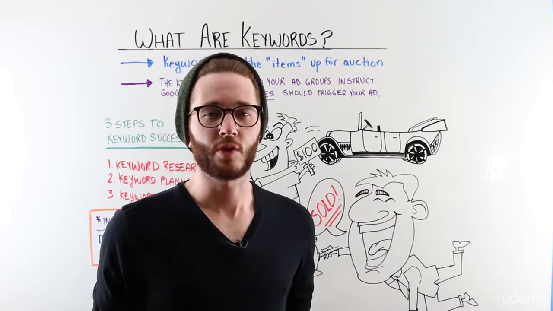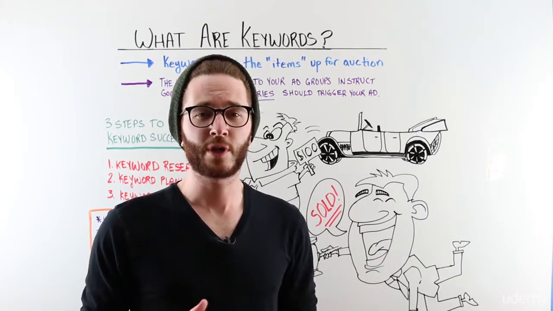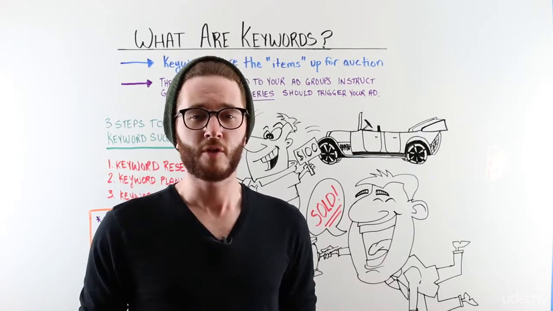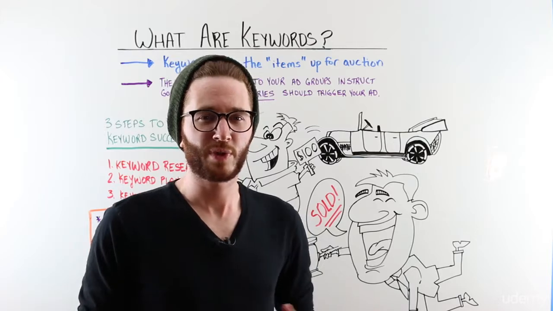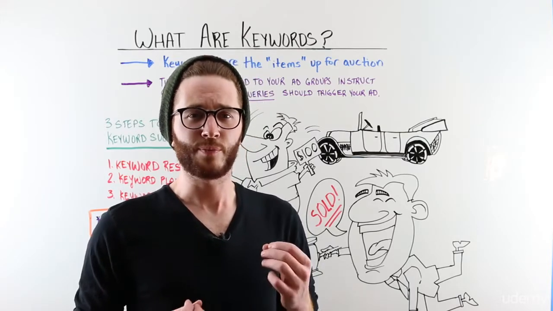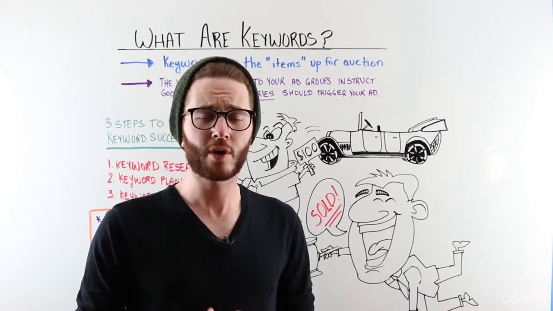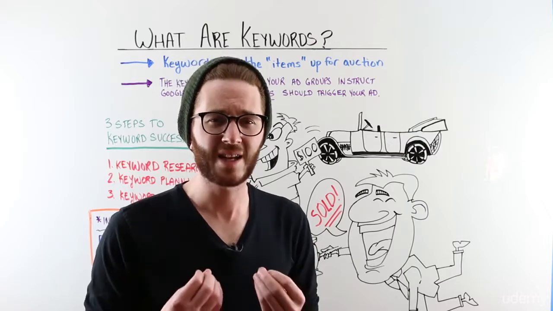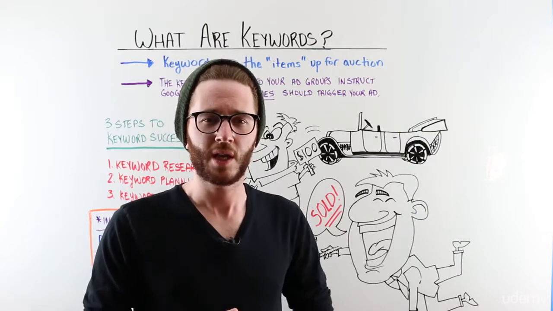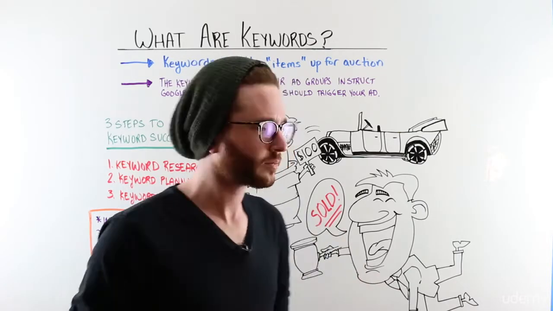Now, what are keywords? It's important that we cover all aspects of keywords, from match types to keyword research, planning, and organization, but it's really important to have a very core fundamental understanding of what a keyword is inside the AdWords auction.